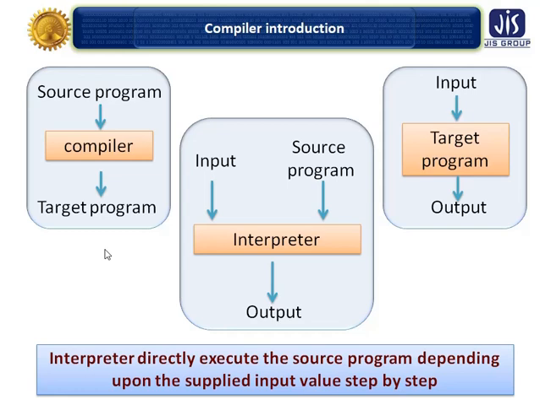In the same code, if there is an output in line 1, the interpreter will produce the result. If there is an output in line 2, the interpreter will produce the result. But the compiler will not produce any output for line 1 or line 2, though there is no syntax error. That's why the interpreter is very fast.